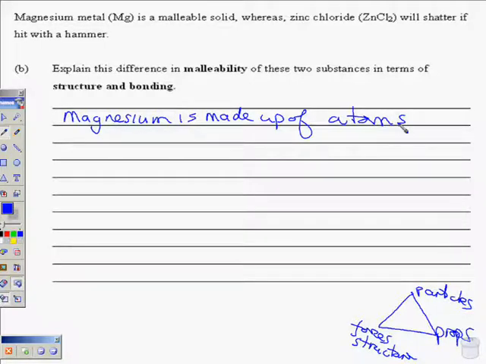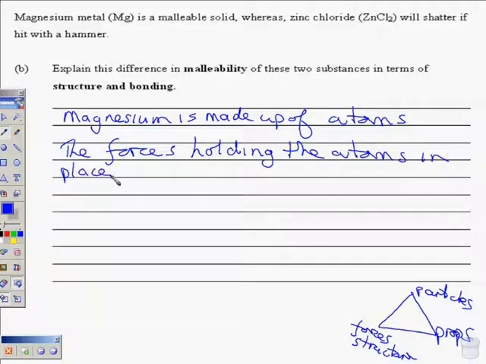Now we've already used the forces holding the atoms in place are strong electrostatic forces, and this is where I'm a chemist, I'm not a teacher of English.